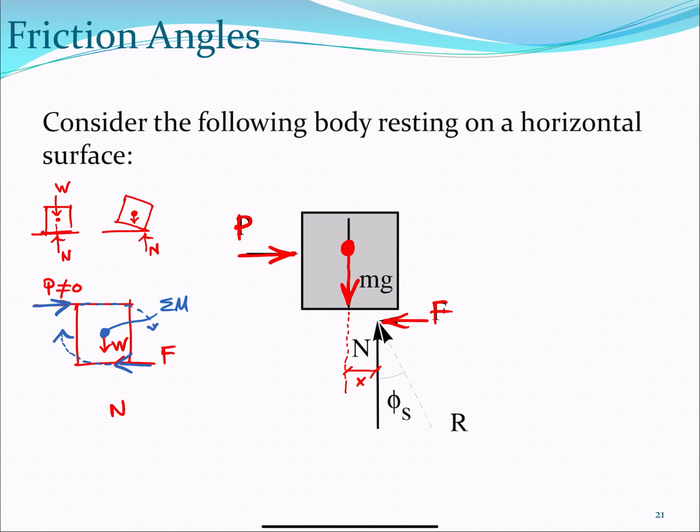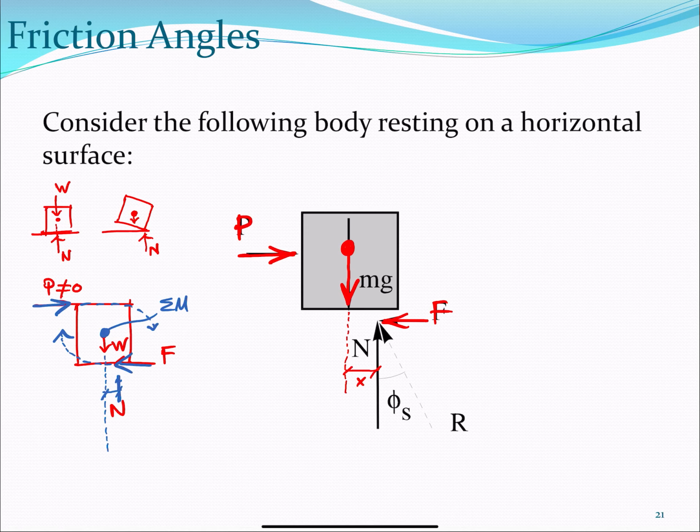So what resists the moment? Because it's not immediate that when I apply that force, the box will start to rock or tip. No, it stays in equilibrium for a little bit until I increase the load. So the only way I can resist this clockwise moment caused by P and F is through the normal force being offset, moving a bit from its initial location.